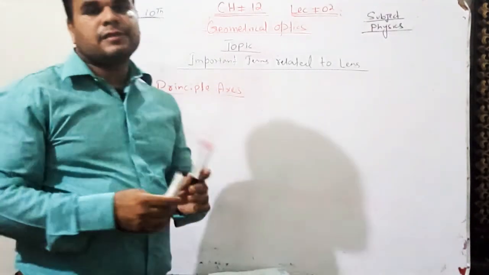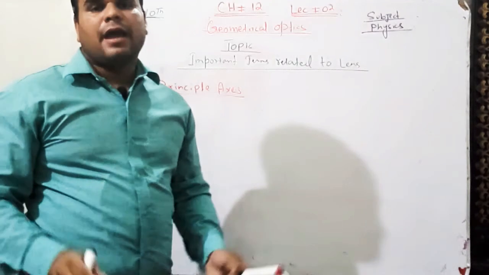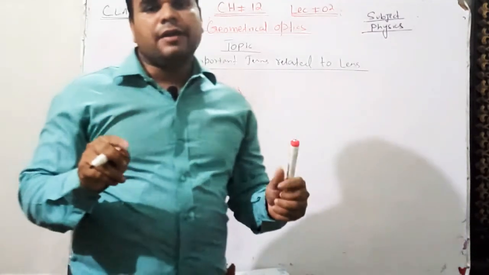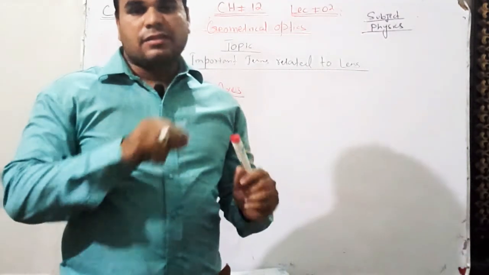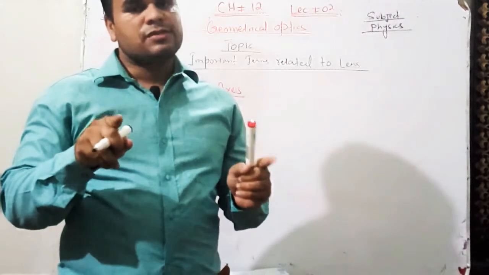What is principal axis? Principal axis basically is a straight line which passes through the center of a lens which has two surfaces.